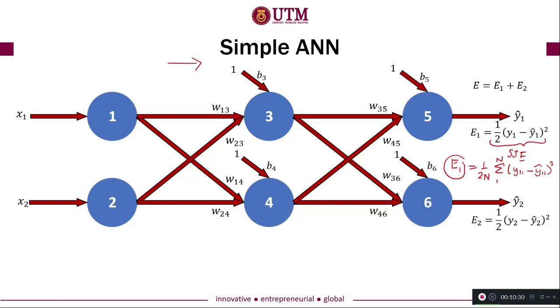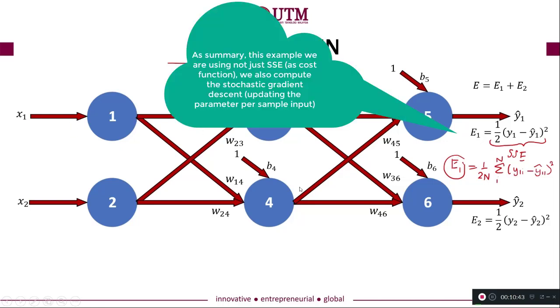But for SSE, we don't have to compute 100. You just take one sample, sample number 1, compute it, and you already get your E1. With MSE, to obtain E1 you need to compute all 100 samples inside your training data. So that is the difference. But here I'm using SSE.